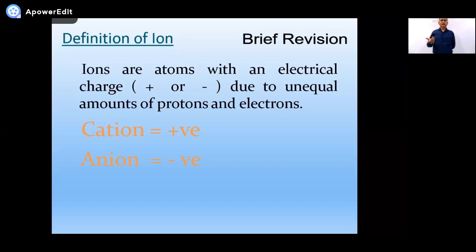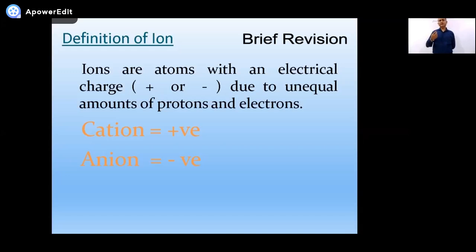Now, an atom can lose electron or can gain electron. If it loses electron, it will acquire a positive charge and we call it a cation. If it gets an electron, it will acquire a negative charge and we call it an anion.